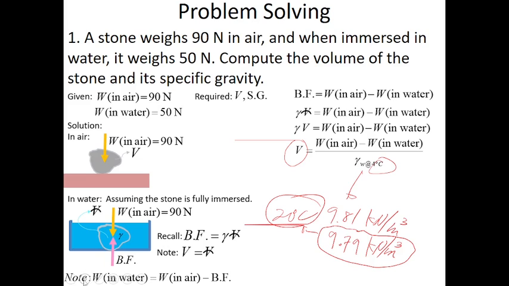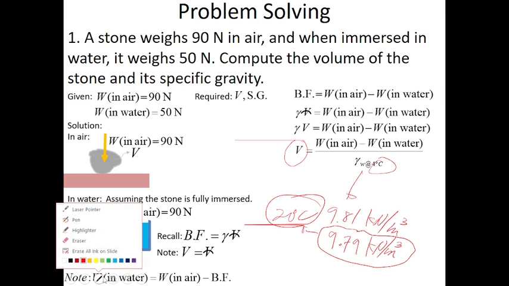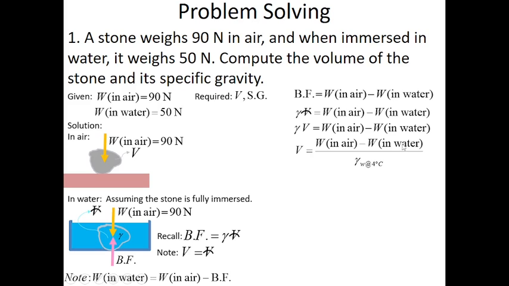So, it depends on the problem. But if nothing is stated, usually the specific weight is 9.81 kilonewtons per cubic meter.